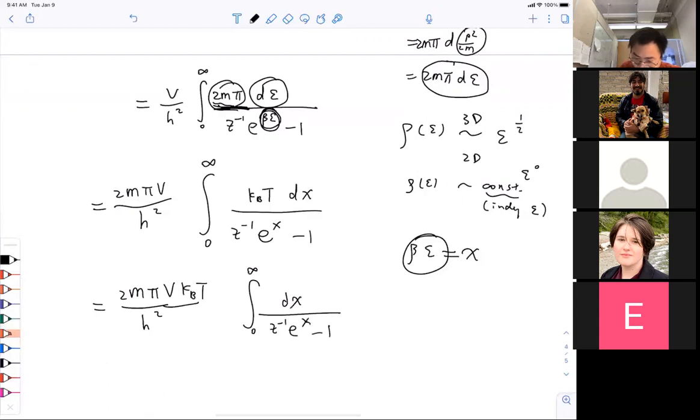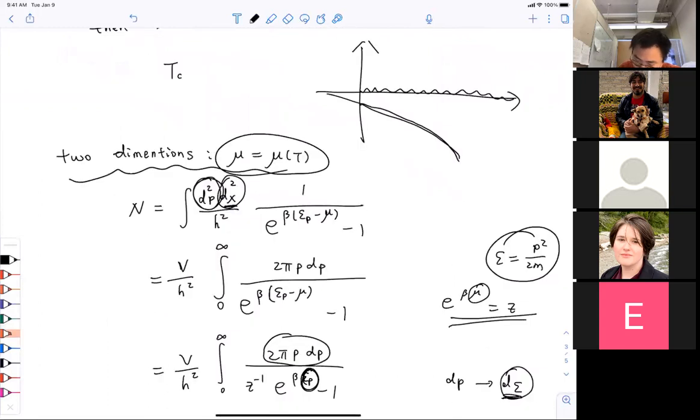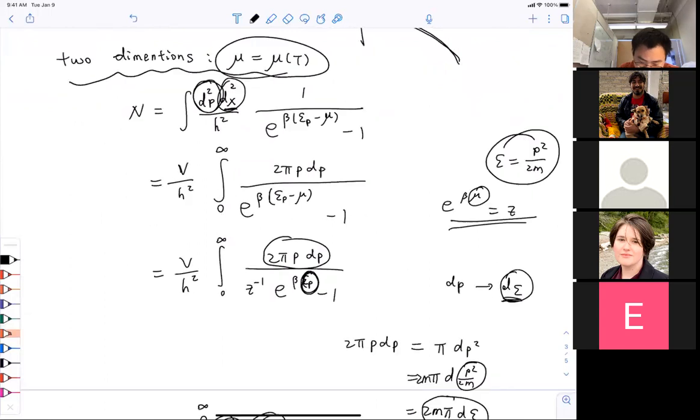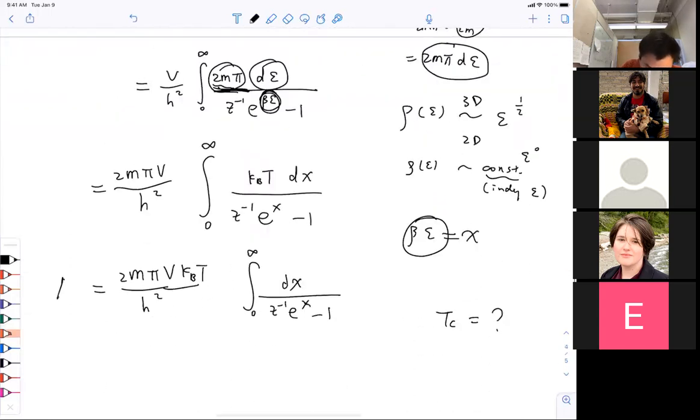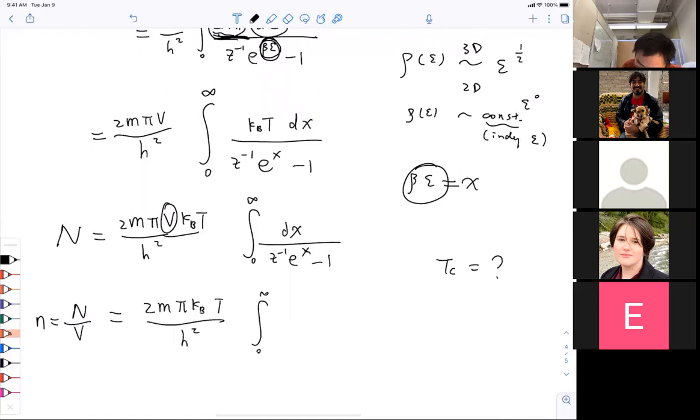Okay, I just said in 2D we can solve this integral exactly, but before doing that, let's look at what Tc is. To find Tc, remember this is n, right? So n divided by volume gives us the density, which is 2m pi kBT squared times this integral.